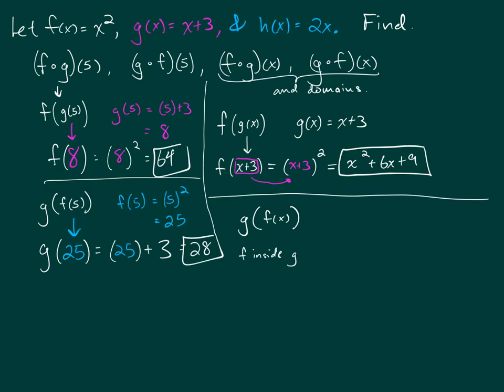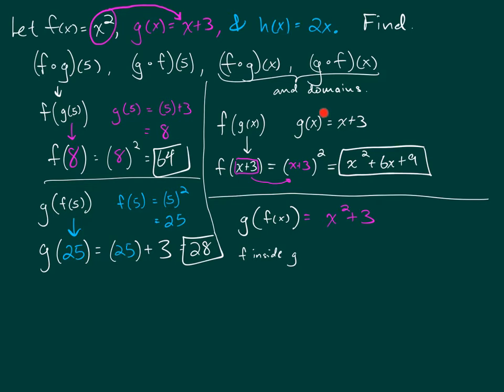So way up here at the top, that means if I take my f function and put it into the g function, then this x gets replaced with this function, x squared. So g compose f of x, or g of f of x, or f inside g, we take this function and replace all the x's in this function. So that means this will end up equaling x squared plus 3.